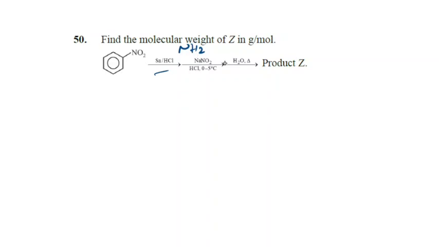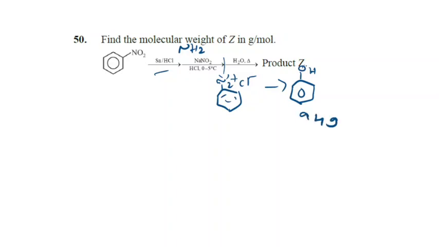We know already the diazotization, NaNO2/HCl, you will get benzene diazonium chloride here. Whenever the benzene diazonium chloride undergoes hydrolysis, we get phenol as the product. So here the final product is phenol, where 94 grams is its molecular weight. So the answer is 94.